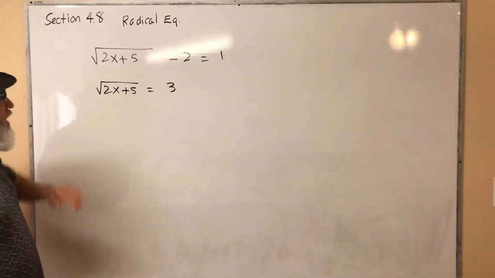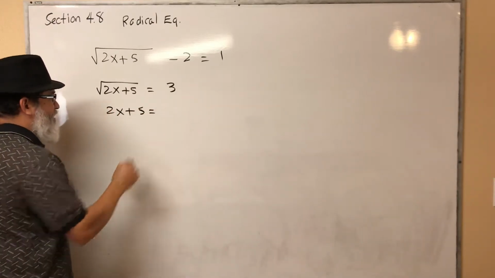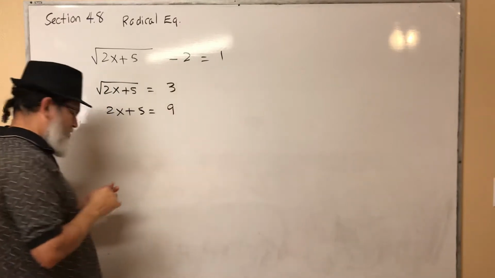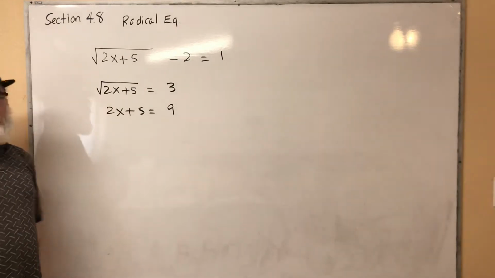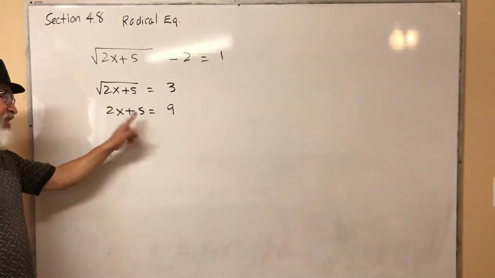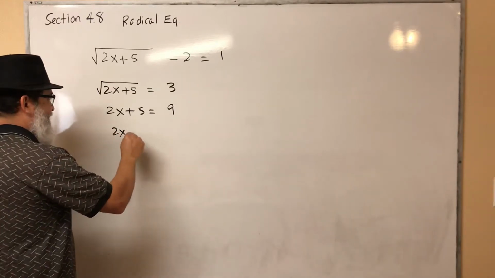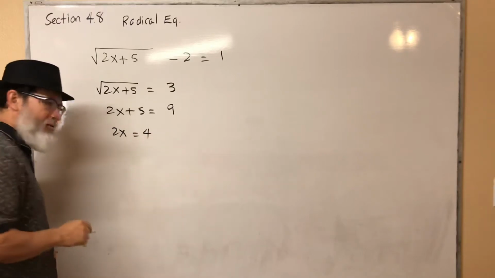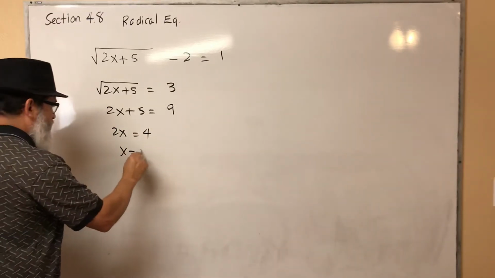So I get 2x plus 5 on this side, and 9 on this side. Subtract 5 from both sides. So 2x equals 9 minus 5, which is 4. Divide by 2, so x equals 2.